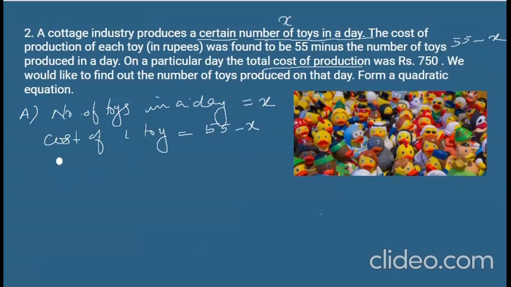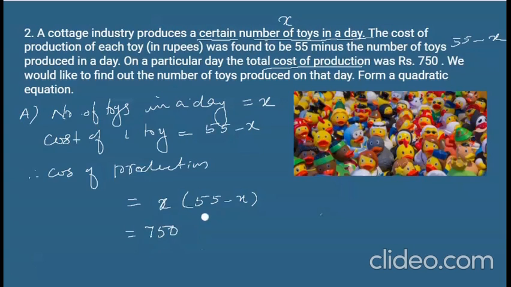Now what is the condition? Therefore, the cost of production is equal to x into (55 minus x). It's very simple because total cost of production is equal to the number of toys into the cost of a toy. And it is given as how much? 750. So let us simplify this.